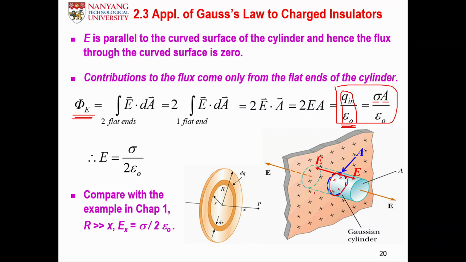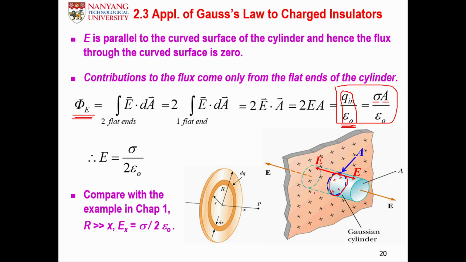The dot product is going to be 0. Or another way to say it, the total flux through the curved surface is 0. So all you need to figure out is the flux through the top surface and the bottom surface.